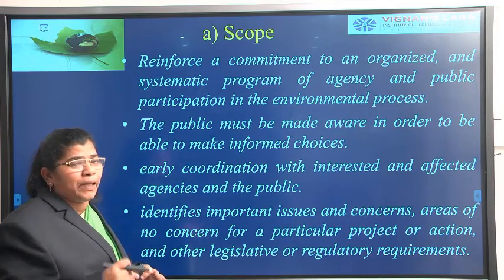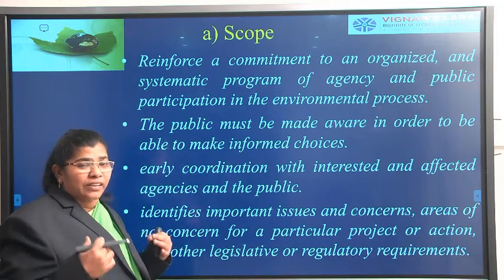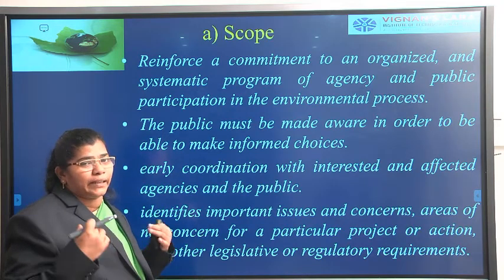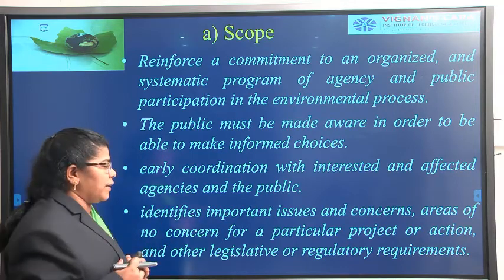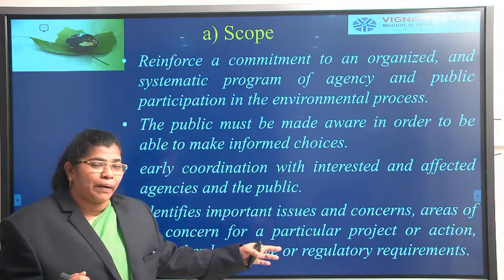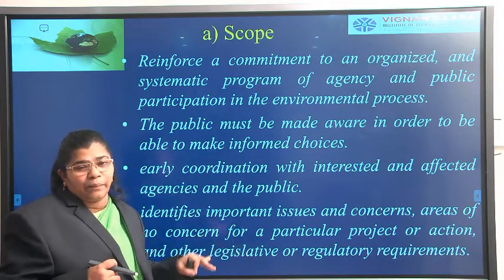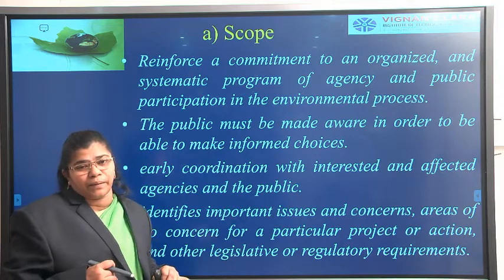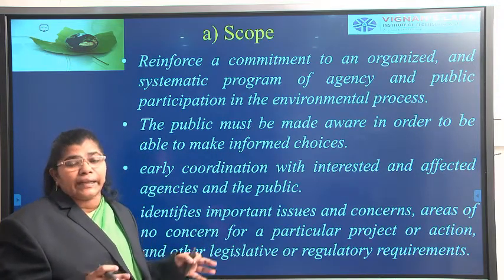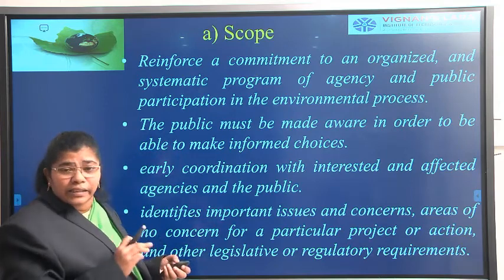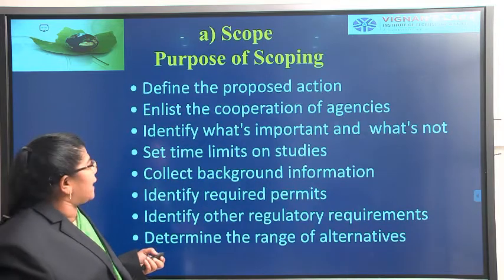The issues may be based on people or on natural resources, because in the end we are going for healthy human beings and the preservation of resources, right? The areas of concern of a particular project and its actions are the legislative and regulatory requirements. I told you, according to EIA, the regulations that are there have to be sincerely and strictly adopted. That is the main scope of EIA, right?